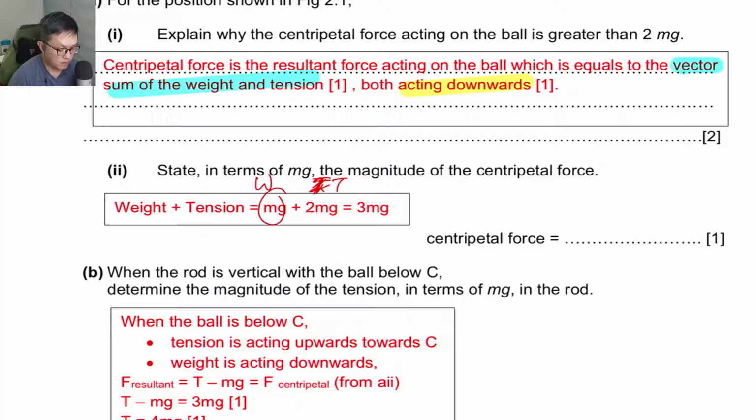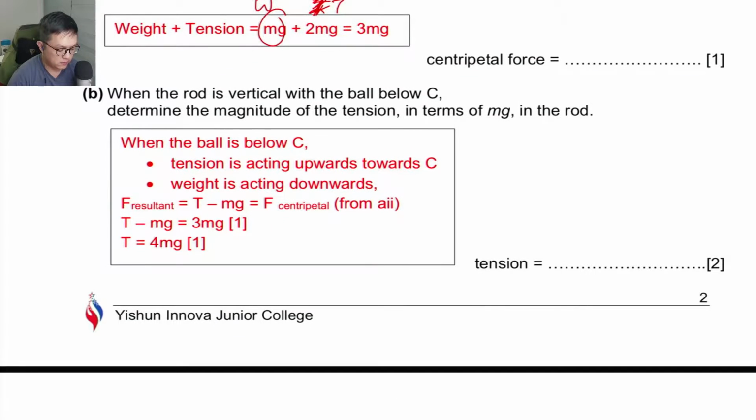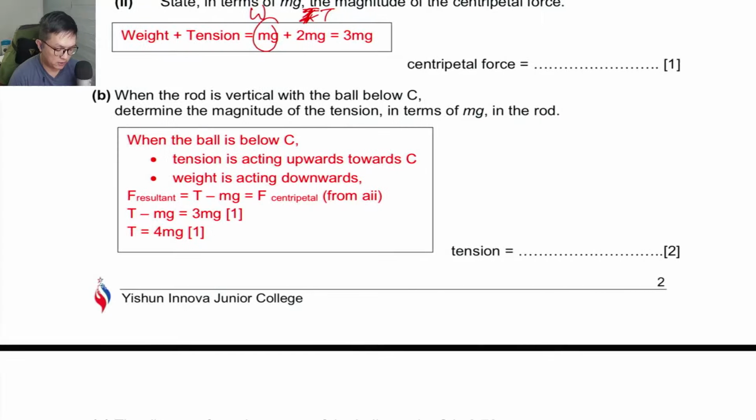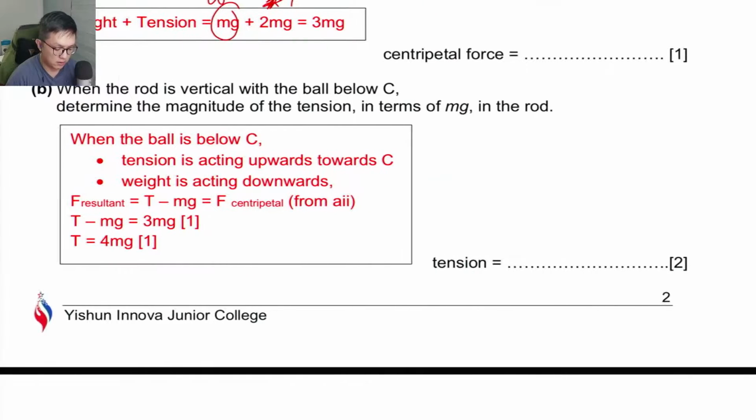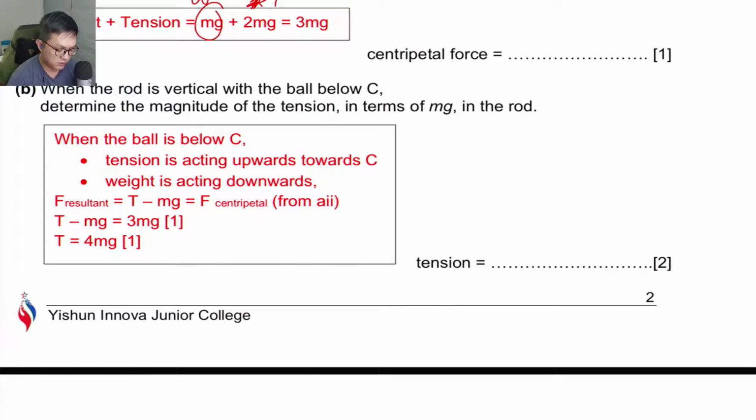All right. Next, the ball is at the bottom. At the bottom here, you need to draw a free body diagram. So let's just quickly do it this way. You have your rod here, and then you have your ball here. Quickly drawing the forces, you have your tension, and then you have your weight. Your net centripetal force and your centripetal acceleration are towards the center like this.